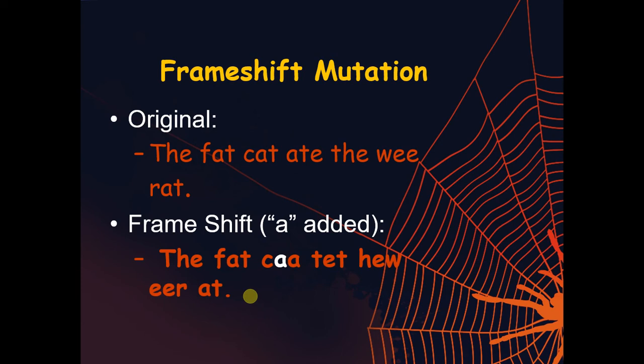And so when a frame shift mutation occurs, when an insertion or deletion of one nucleotide occurs, it changes the reading frame. And each codon, starting with and after the affected codon, is now different. This is why, and I hope you pause to think about it, a point mutation that results in a frame shift is much more likely to be deleterious than a substitution.